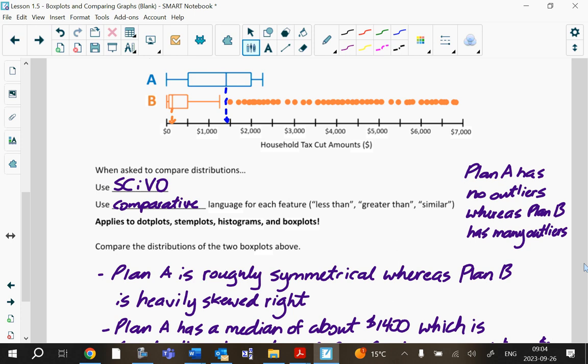So this plan is a narrow tax cut because most people got a tax cut below 500, and only a few, 25%, got above 500. Okay? So that's how we would answer this question.